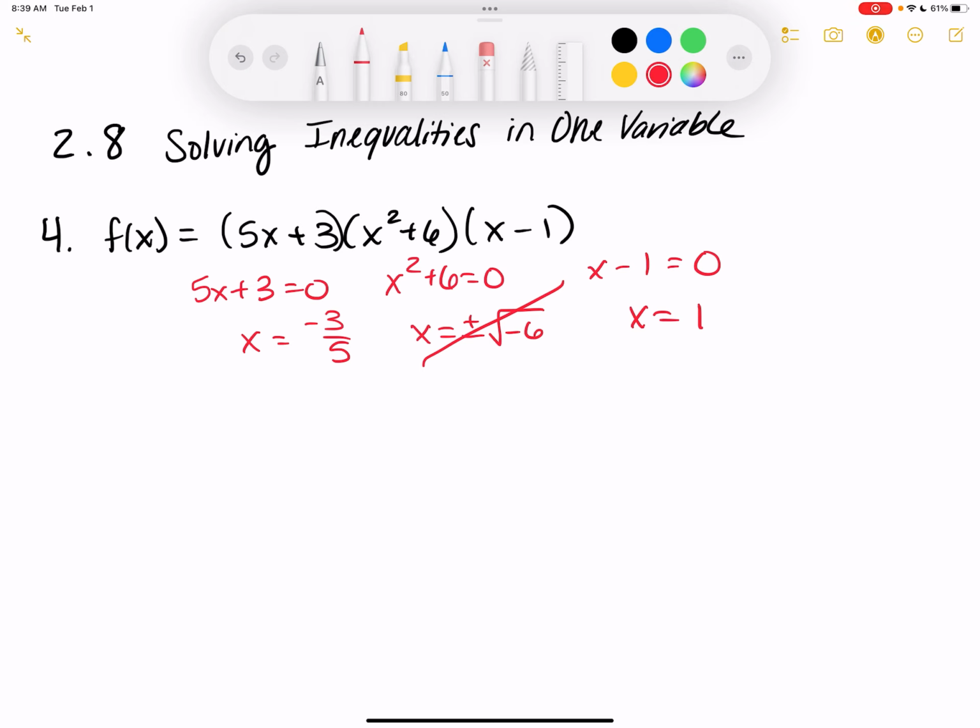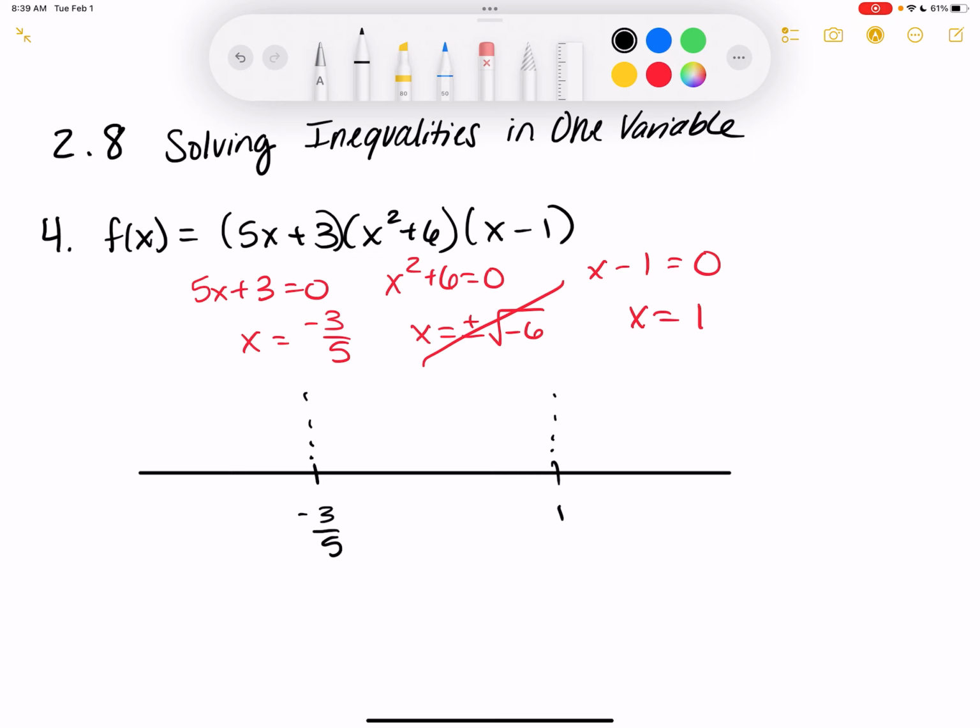So now what we do, skip a line or two. I'm going to draw a line. We're going to put these zeros on it, so negative 3/5 and 1. Now, we want to know what happens in each of the ranges.